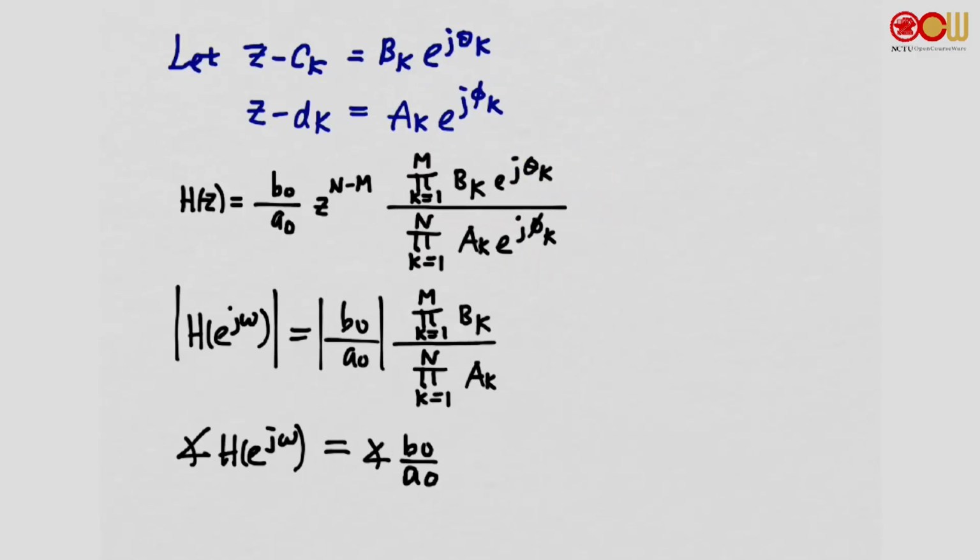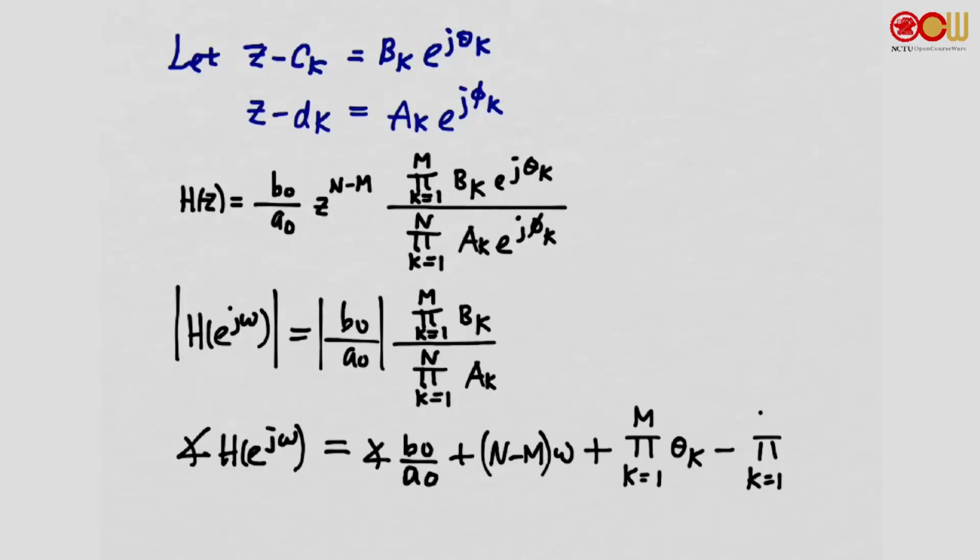So we have the phase of b0 over a0, and then the phase of z raised to power N minus M, which will be (N minus M) omega. And then we have the θ terms added together, and then the φ terms added together, which is subtracted.